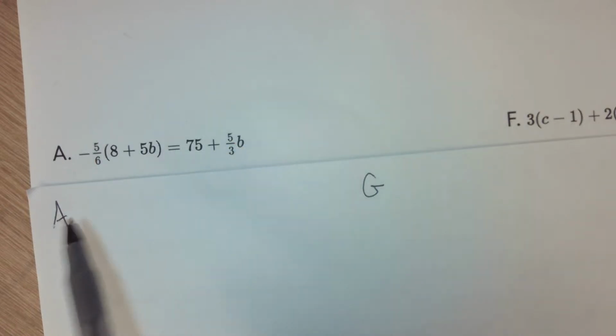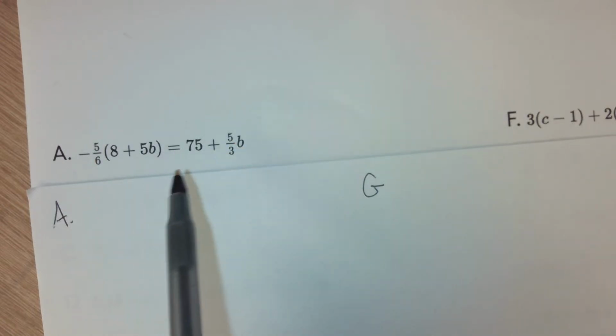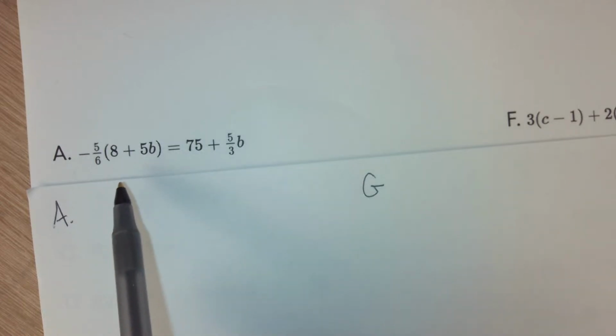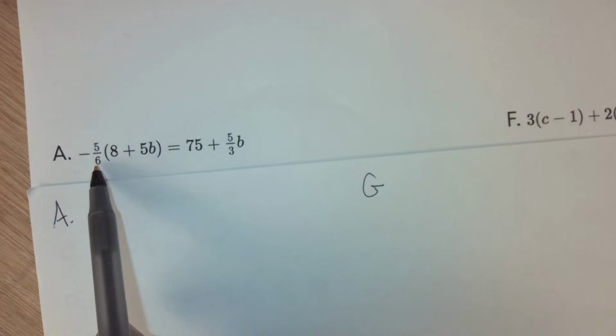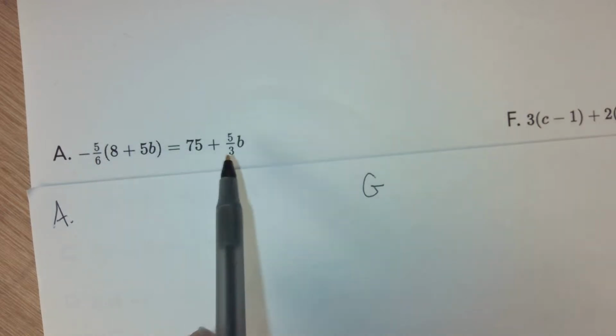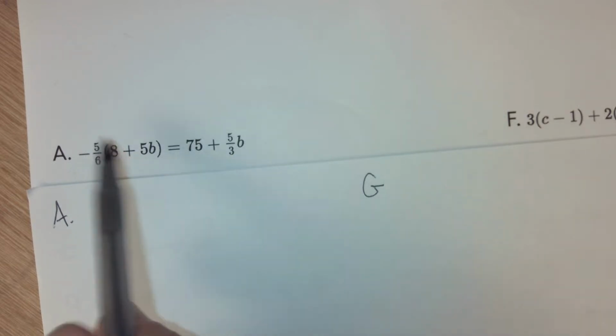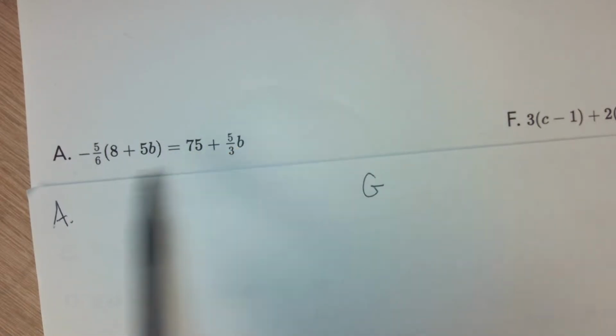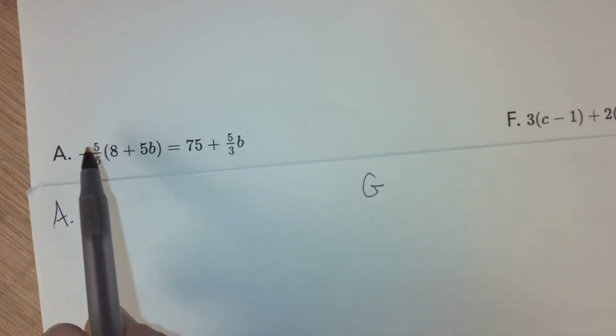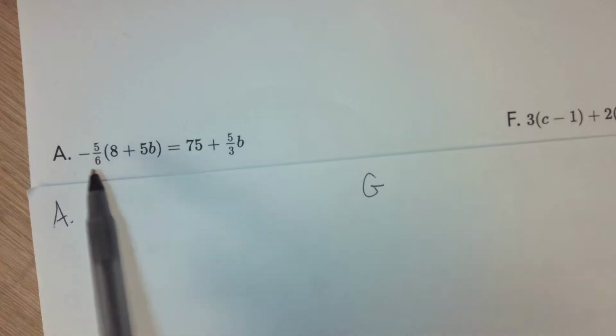So what I'm going to do to make this fast is what I have told my class. If you're multiplying a number by a fraction, multiply both sides. Actually, multiply this side, this term, and this term, each single term, by the reciprocal of negative 5 sixths.